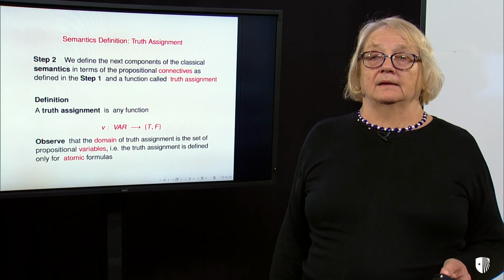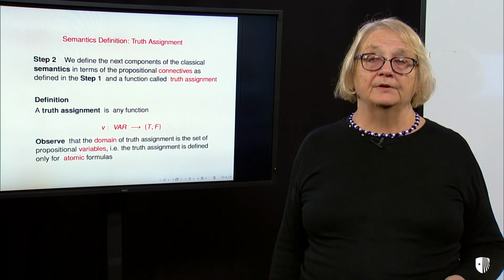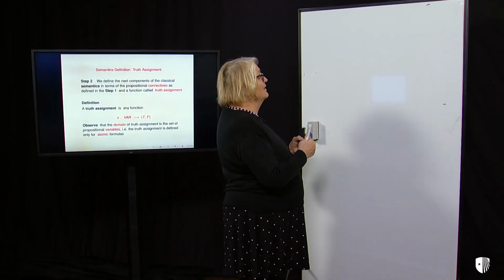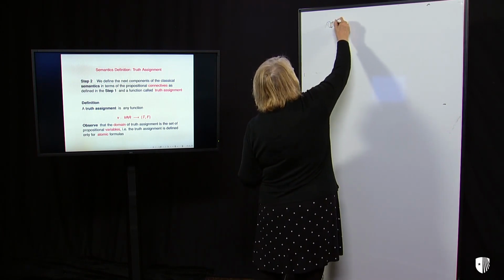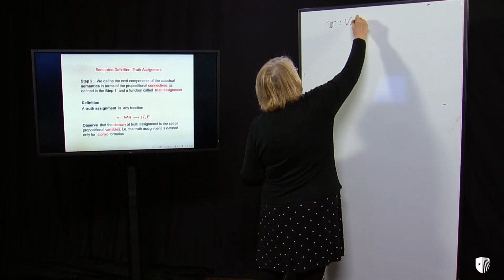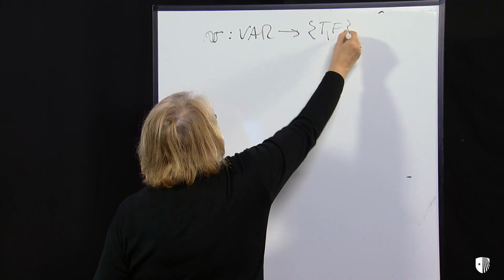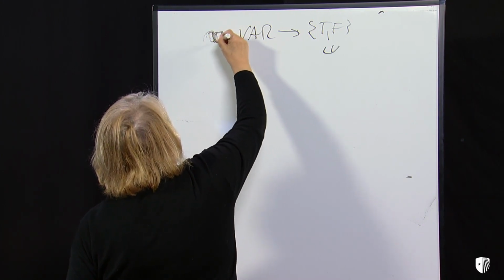So now the second step is the truth assignment, which I am going to write again on my blackboard. V, because we already discussed it, maps variables to the set of logical values. Now it's only a set of two logical values. So this is truth assignment.